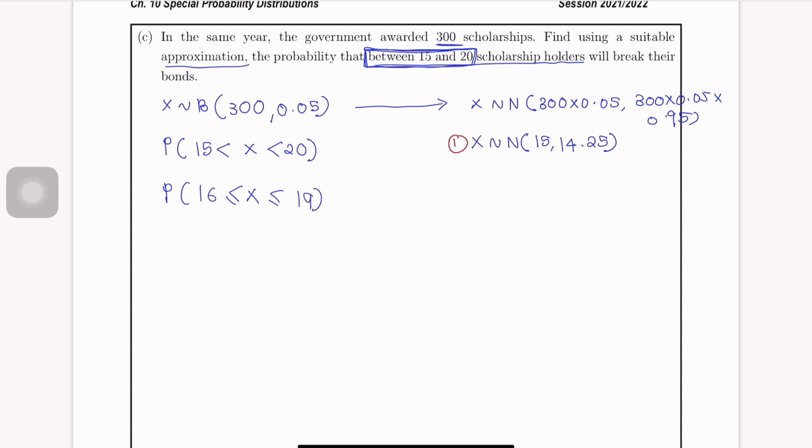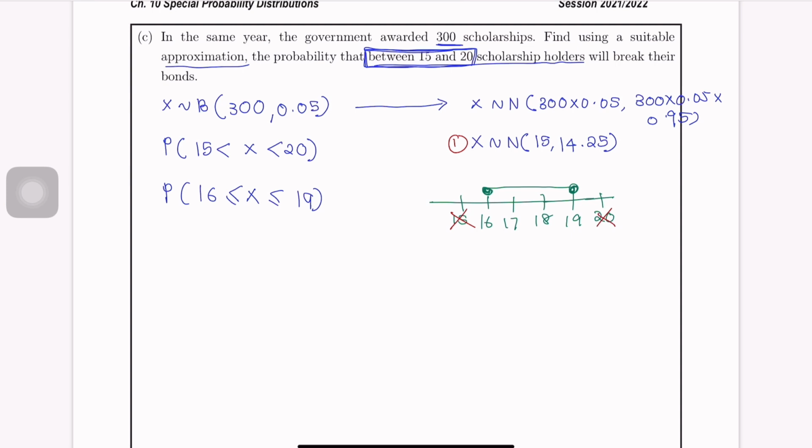Just draw the number line if you're not sure: 15, 16, 17, 18, 19, 20. x between 15 and 20, but 15 and 20 are not included, so we start from 16 and end at 19. That's why we have x between 16 and 19 included.